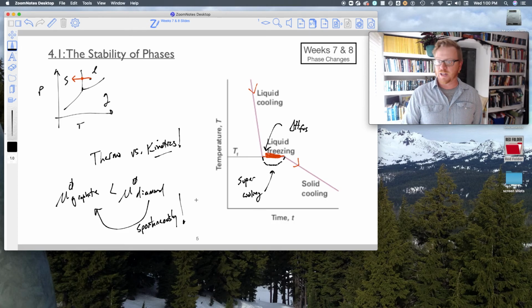And so we have to be careful when we're talking about kinetics and thermo, because they often are not connected to each other, and thermo might predict one thing, but kinetics says, yeah, that's true, but it's just going to take a hell of a long time for it to happen, okay?